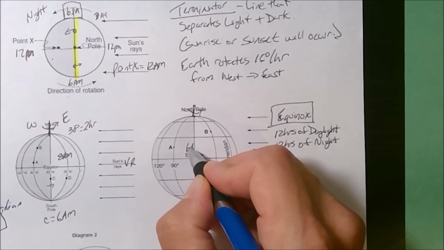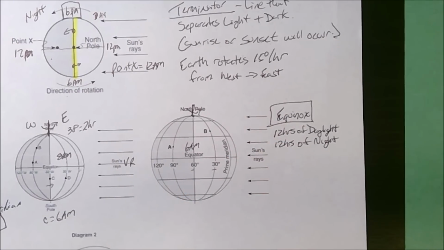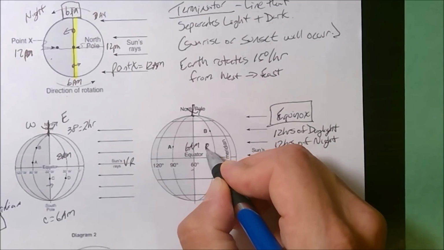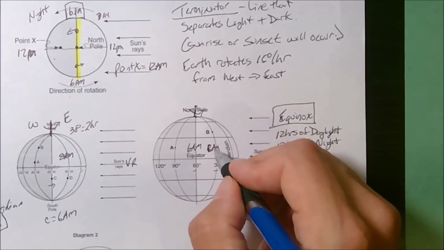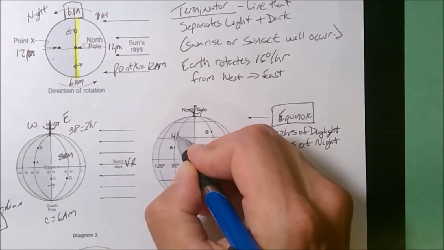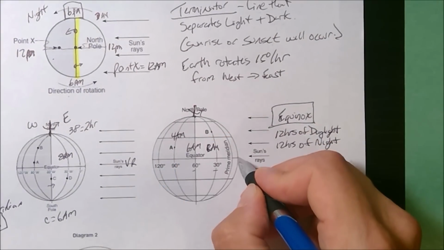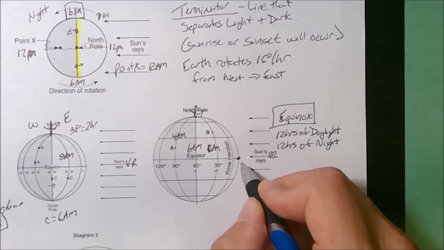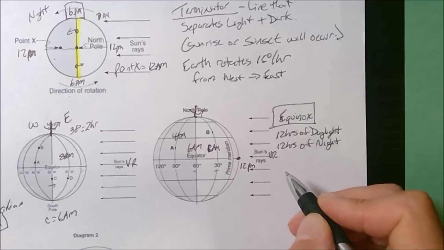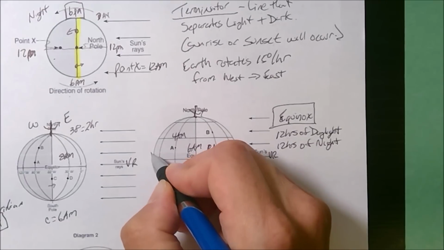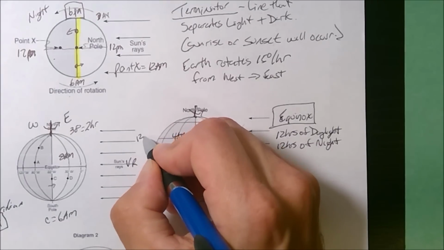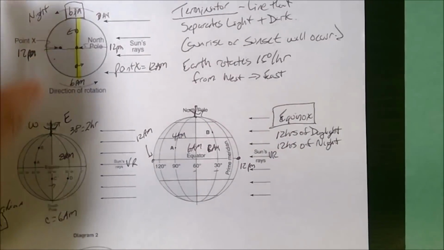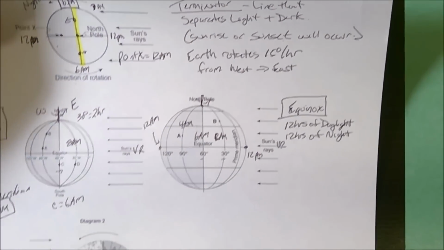Okay, if this is 6 a.m. and we still have a 30-degree difference, this would be 8 a.m. for point B, and this would be 4 a.m. Now, this point right here, directly underneath your vertical ray, that would be noon, so that would be 12 p.m., and a point completely opposite, that would be 12 a.m. or midnight. So a side view is going to give you 12 hours of time.